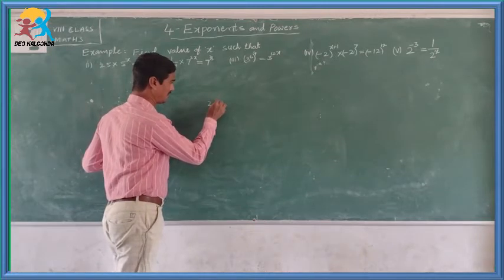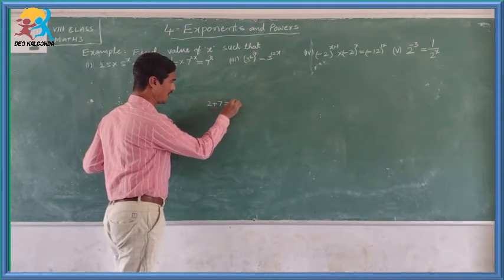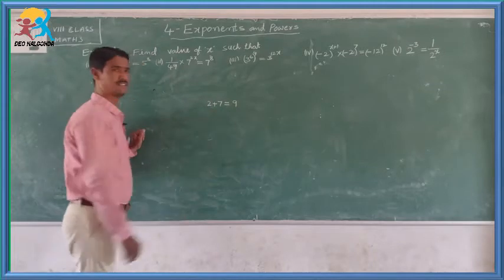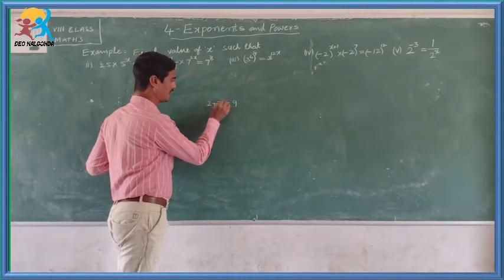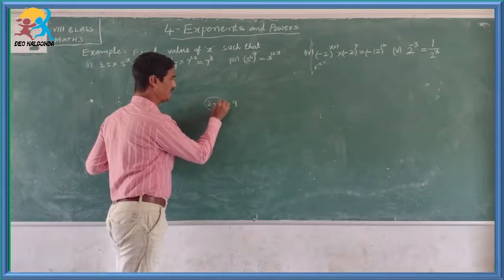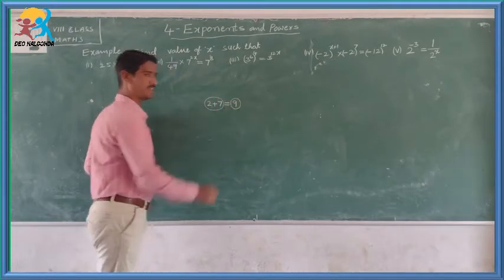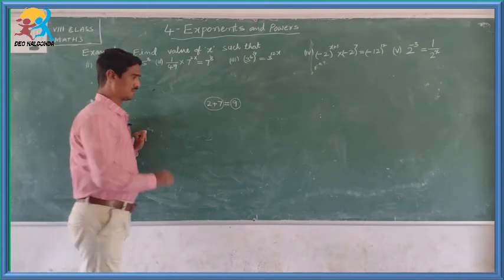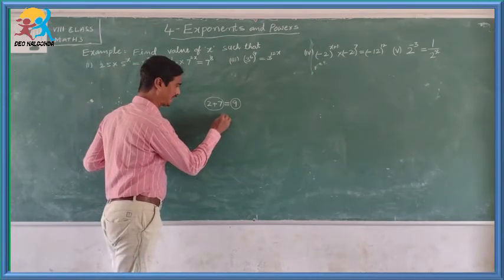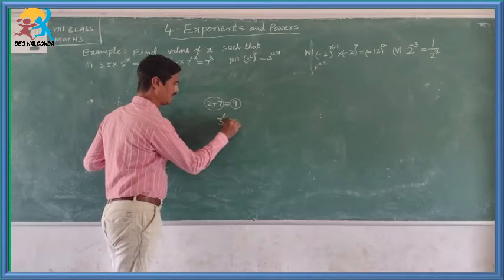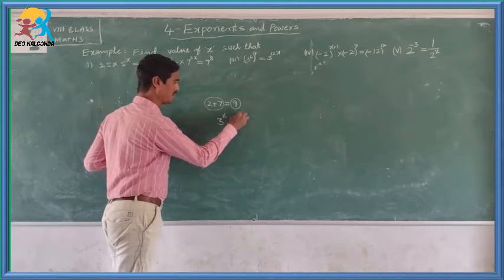2 plus 7 equal, we have to write 9. Yes or no? So when you write equal, the left side value and right side value should be equal. Suppose I write here 3 power x equal 3 power 4.